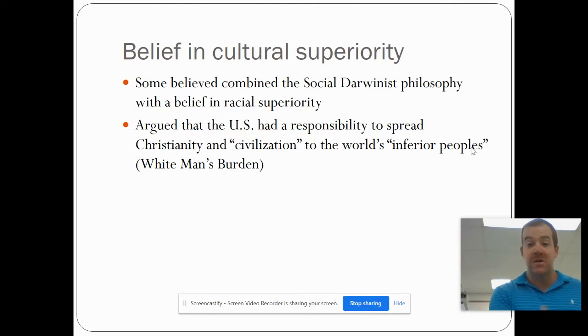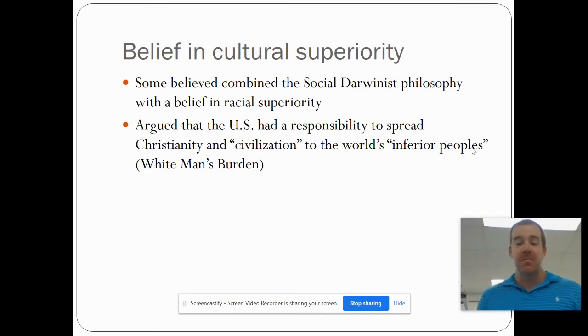They applied Darwin's philosophy of evolution and survival of the fittest to a social sense, meaning that that's why they were at the top of the food chain, so to speak. The same thing applies to the belief for imperialism, that the United States can take over these other lesser areas because we have evolved more, and survival of the fittest. We're just better. That's the idea behind it.